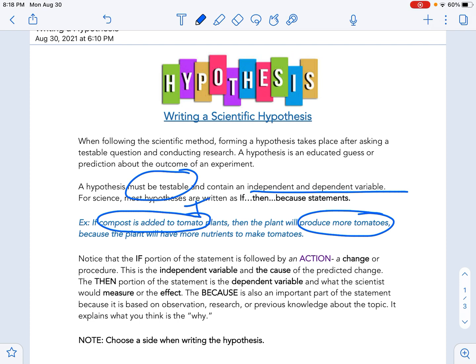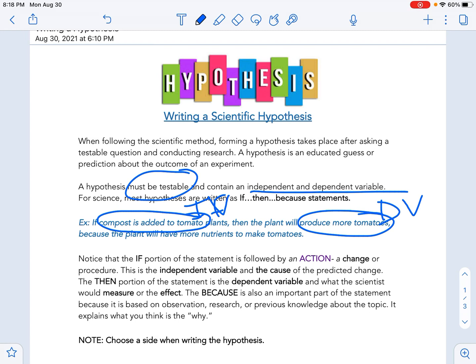So this is our if. This is our independent variable, and this is our dependent variable. Notice that the if portion of the statement is followed by an action or change or procedure. This is the independent variable and the cause of the predicted change. The then portion of the statement is the dependent variable and what the scientist would measure, or the effect.